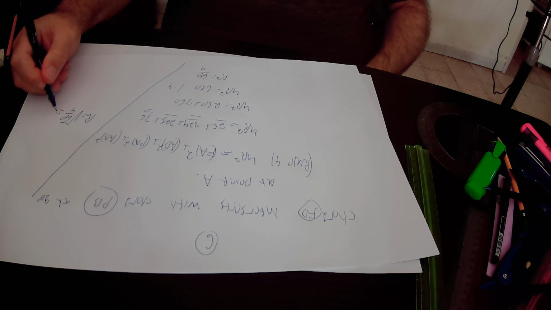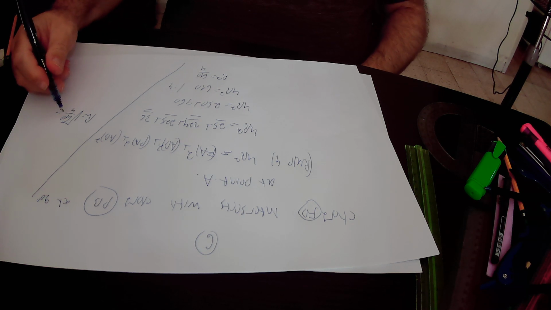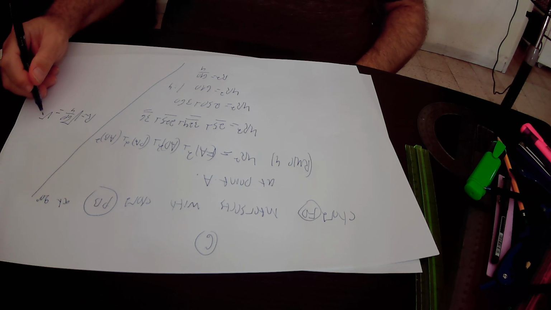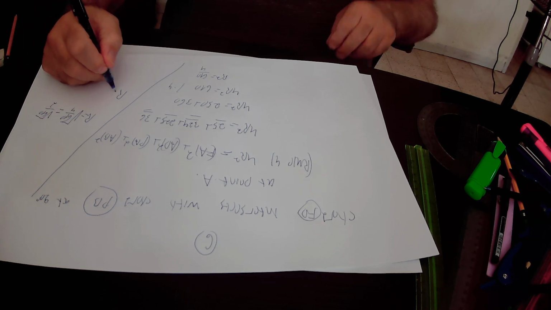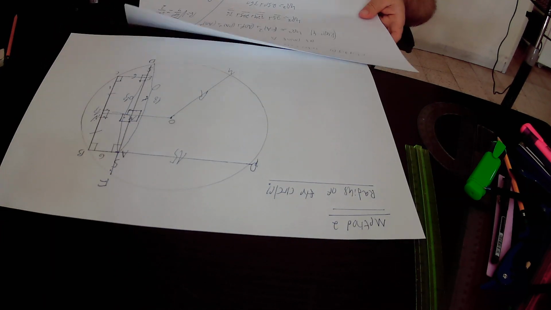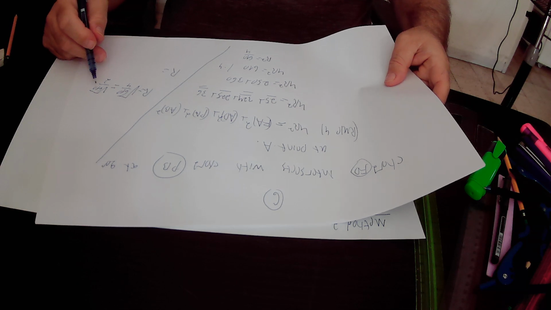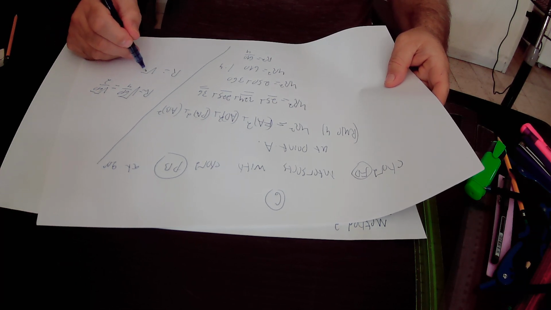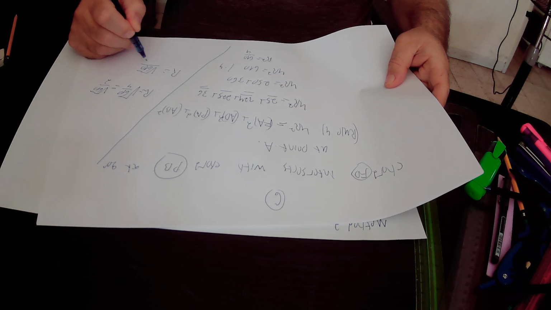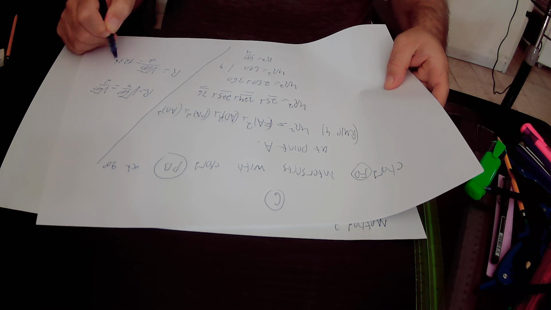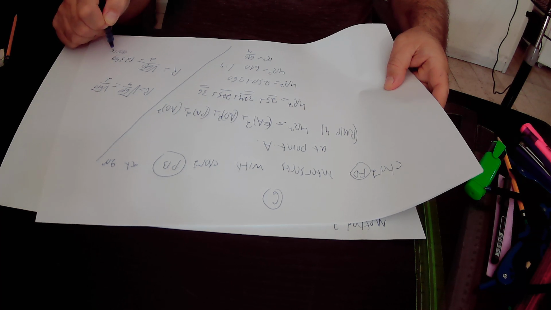So capital R equals the square root of 610 over 2. We found that the radius of this circle is equal to either the square root of 610 over 2 units, or in terms of numbers, 12.349 units.